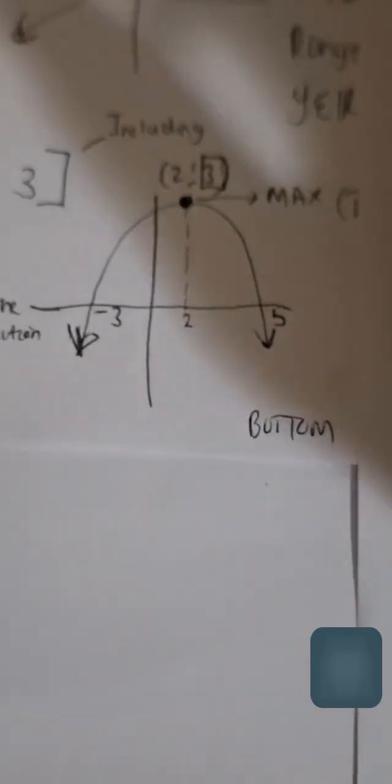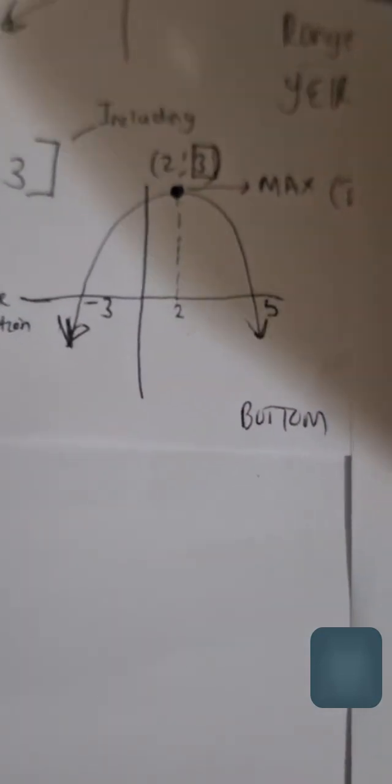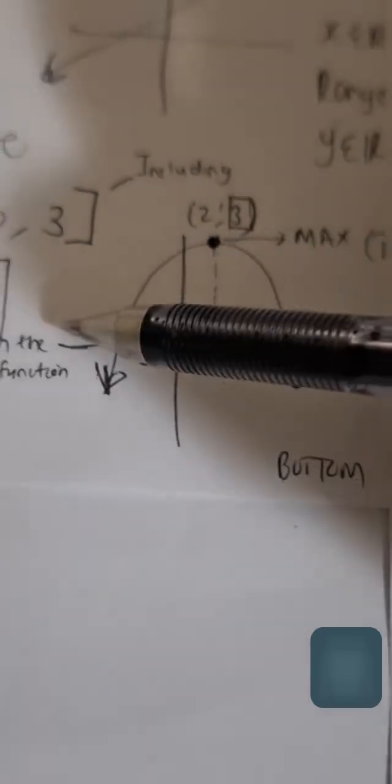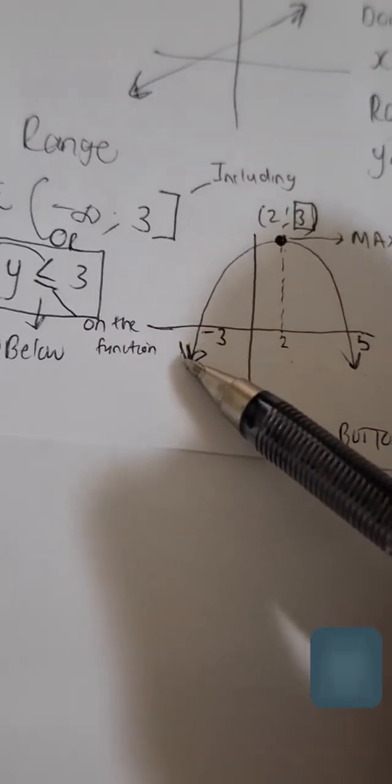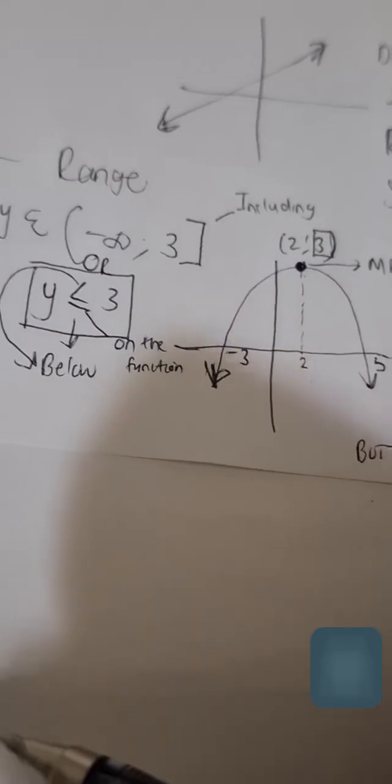Remember, listen to me. If you say that the function exists everywhere, from left to right, remember we are talking from left to right. Does the function exist everywhere? Yes, it does, right? It means that, you see this arrow? This function will continue forever and ever. There's no end. So this function is existing all the way from where?